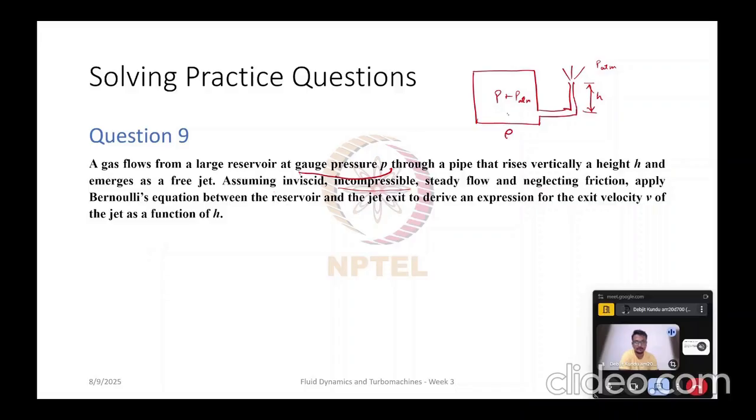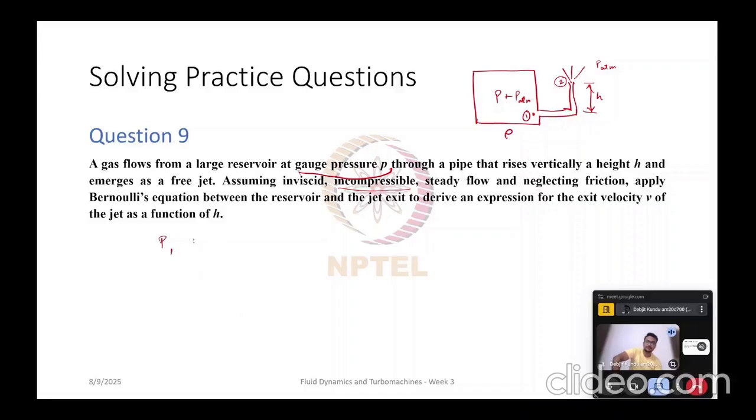So applying Bernoulli's equation, let's fix 2 points. Let's fix one point inside the reservoir, and let's fix another point just at the outlet of the exit. So now let's apply Bernoulli's equation.